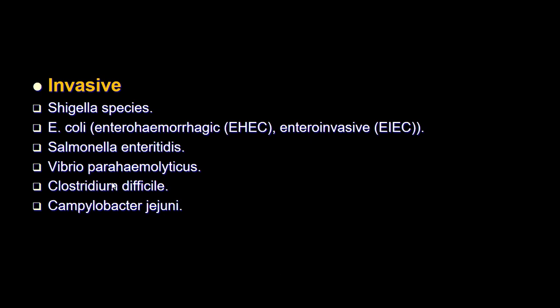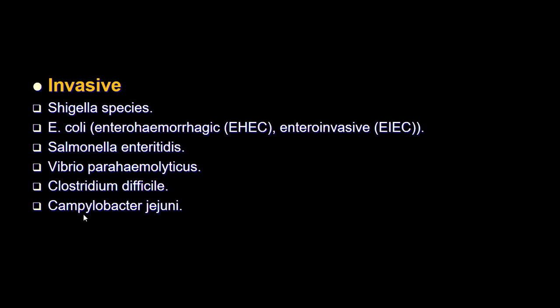So when we abuse antibiotics, it kills all the normal flora in the GI tract, leaving behind the ones that are resistant. One of them is Clostridium difficile that causes pseudomembranous enterocolitis, and we have to treat that also with other selective antibiotics.